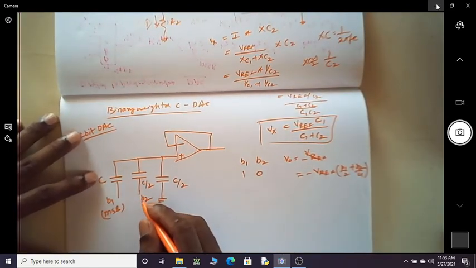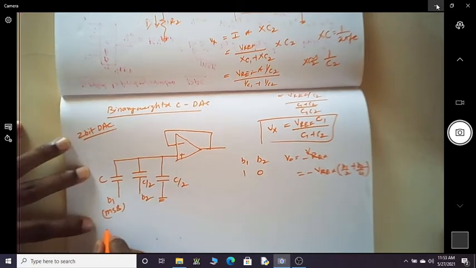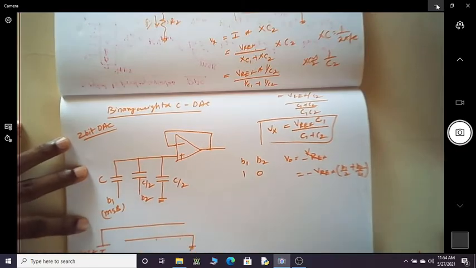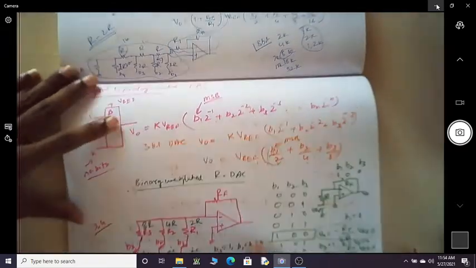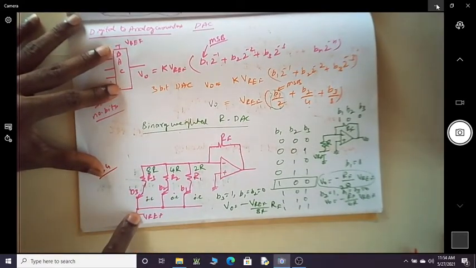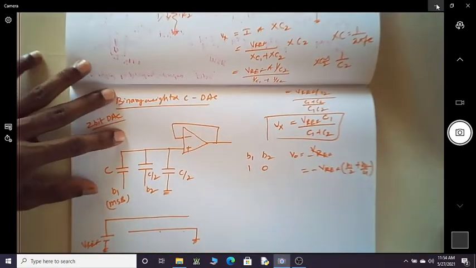So when we have this B1, B2, let us also have the 1s and zeros. Let me have this as V reference, and let me have this as ground point. As we did earlier, when a binary bit is equal to 1, we are connecting to V reference. When it is 0, it was going to open circuit. Let us see what happens here.